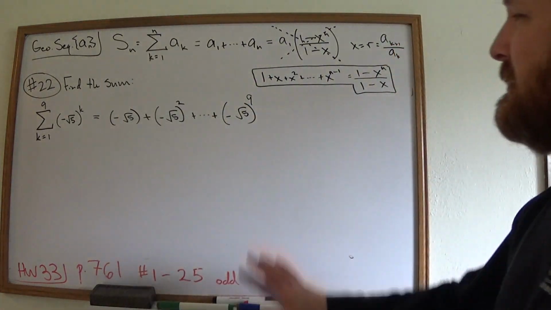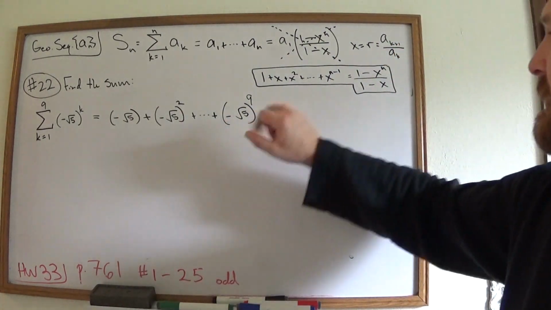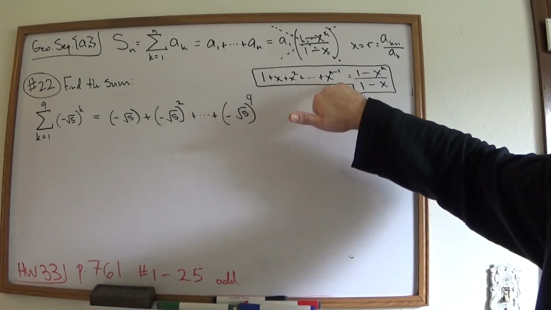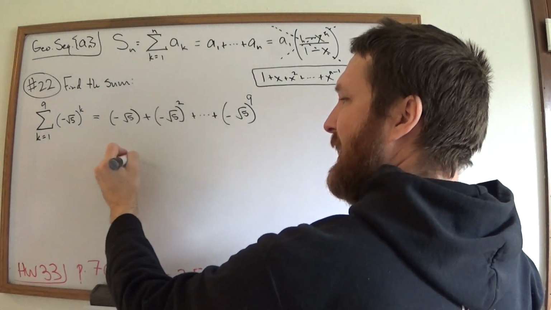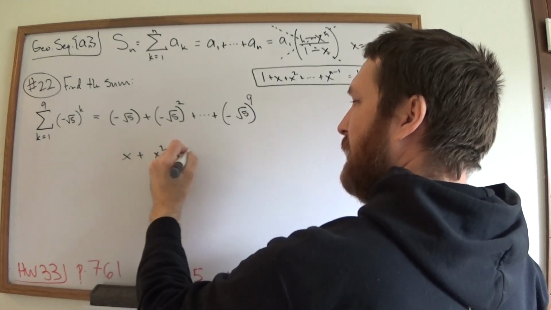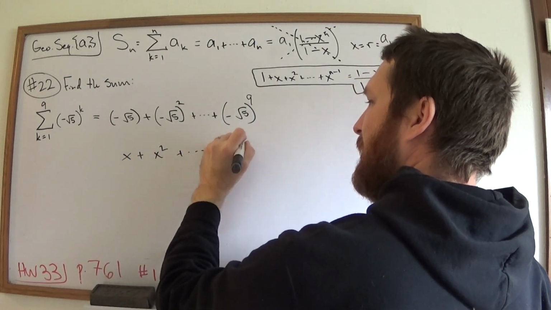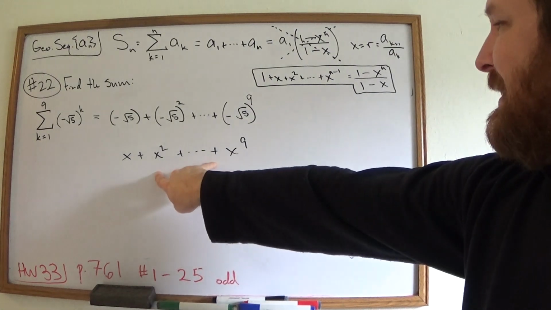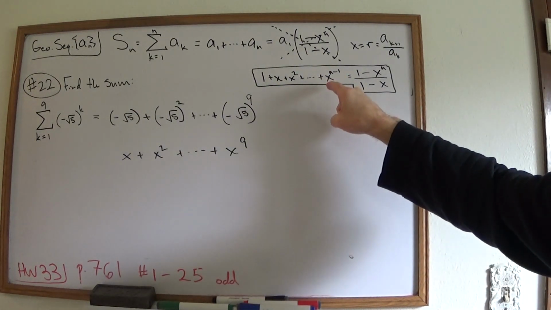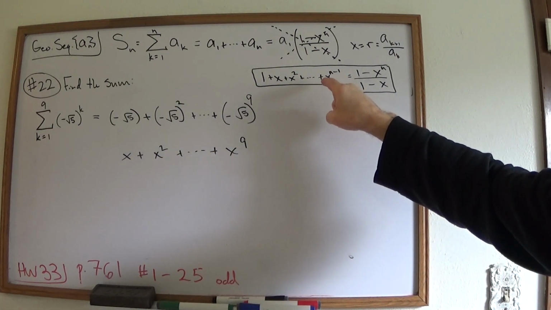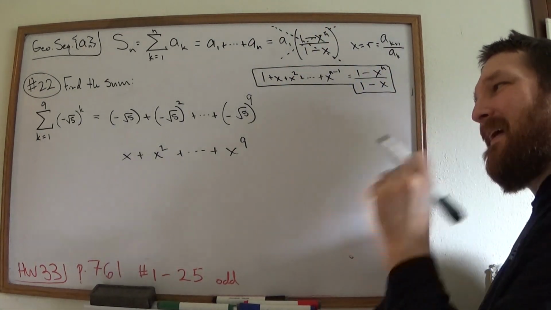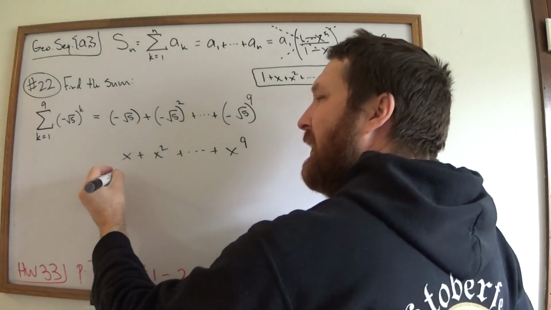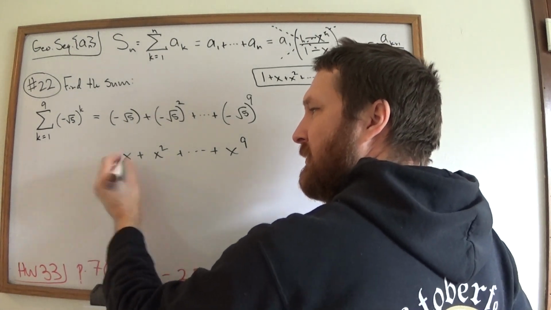Now you'll notice this is not in this form right here. Right? What this is, if you think about it, this is x plus x squared plus all the way up to x to the 9th. That is not the same thing as that right there. Right? Although, we'll see in a second. I think it's much better to say, well, hold up.